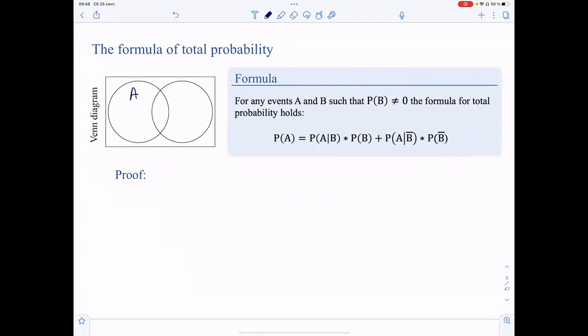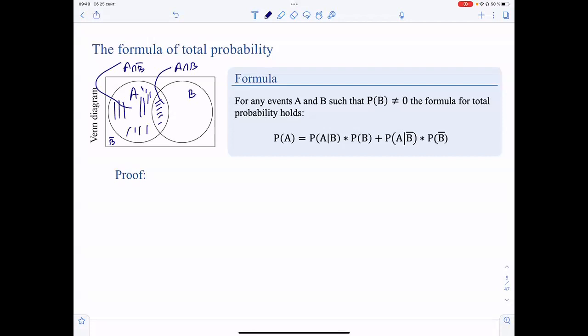Here's your event A, here's your event B, and outside we have a B complement. So we may say that this is A intersect B, and then this vertical line crossed event might be interpreted as A intersected B complement.